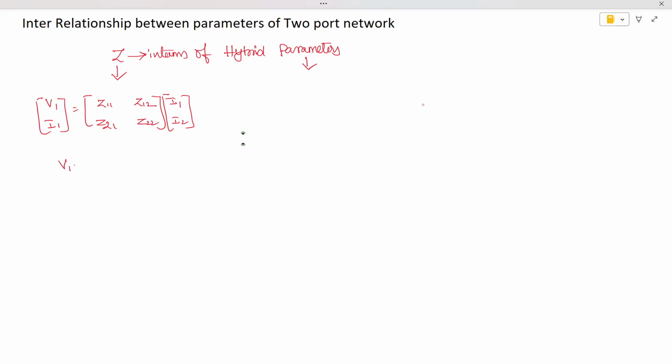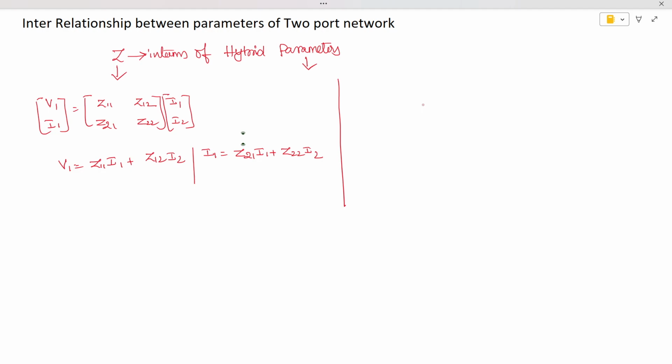Therefore V1 is equal to Z11 I1 plus Z12 I2 is one expression, and V2 is equal to Z21 I1 plus Z22 I2 is the second expression.